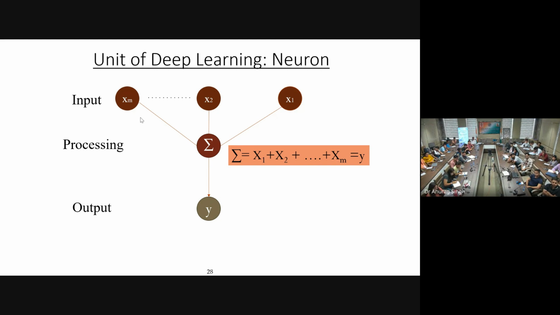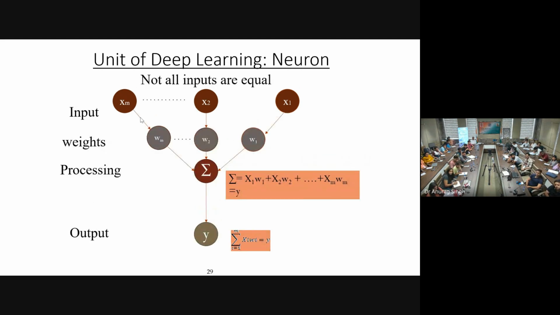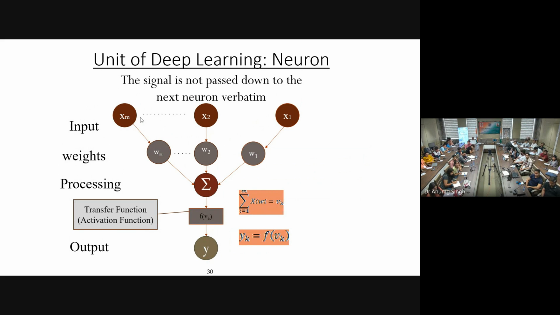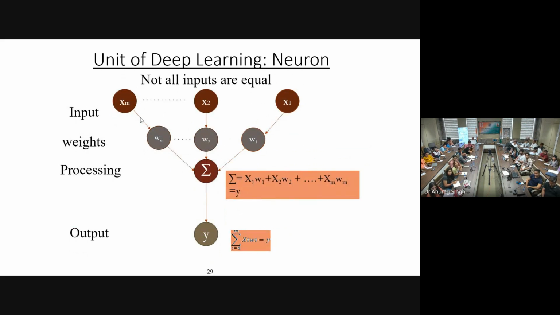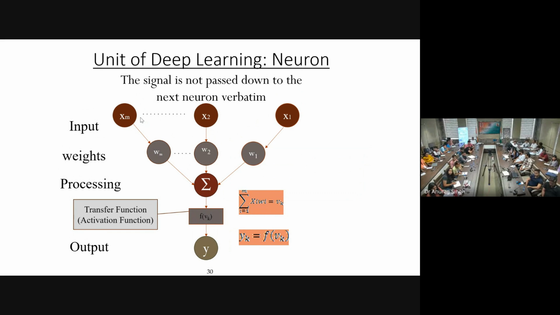You apply some processing, maybe just a very simple summation, and then the output is y. Many a time those input signals have different priorities, so you have to assign different weights. This is a weighted sum, and then you have the output. Going further, before the output you apply a function, called the transfer or activation function, and that gives you a single neuron model.